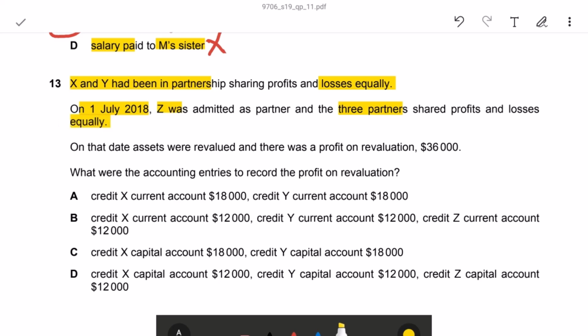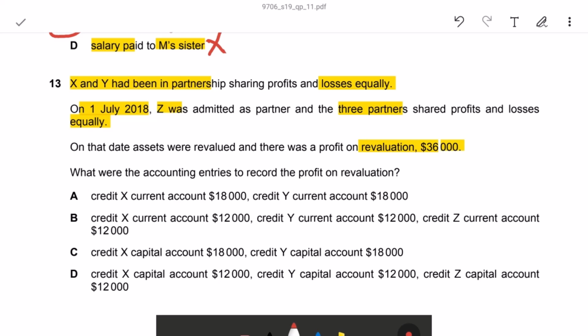On that date, assets were revalued and there was a revaluation profit of 36,000. What were the accounting entries to record the profit on revaluation? Profit on revaluation means that is the capital reserve. When we are revaluing the assets and liabilities, profit or loss from that revaluation is called capital reserve or capital loss.